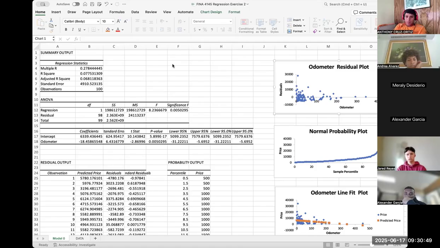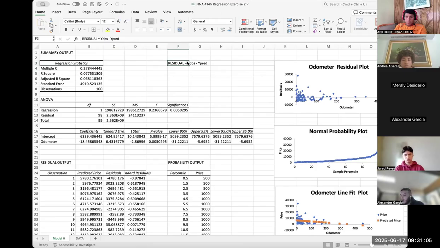Exactly. So it's the observed y, price, minus the predicted y from the line.